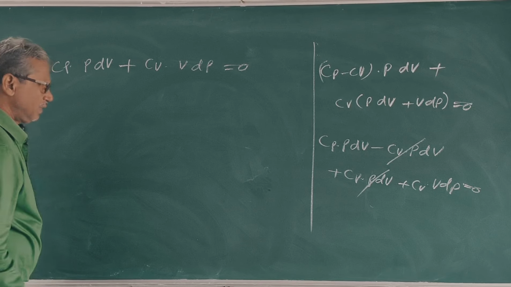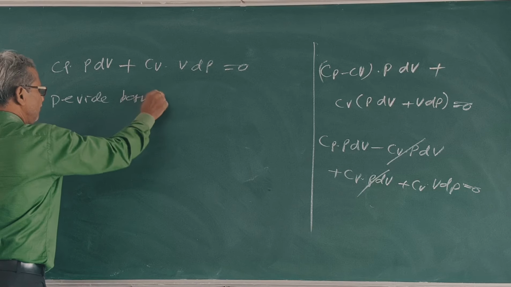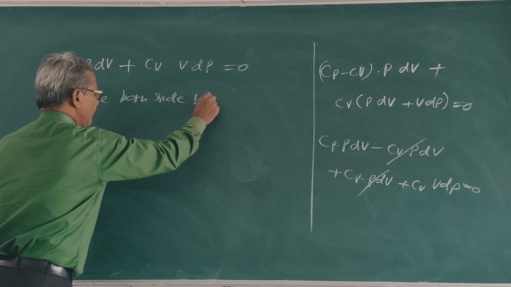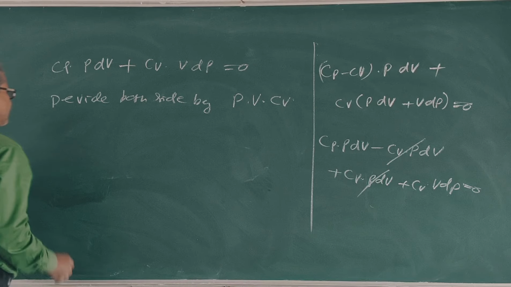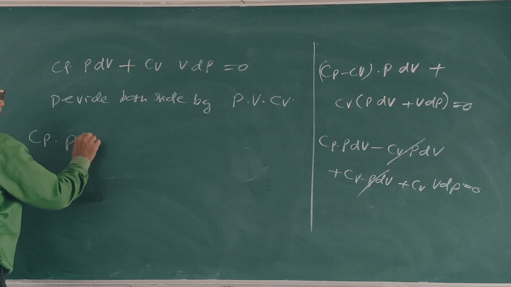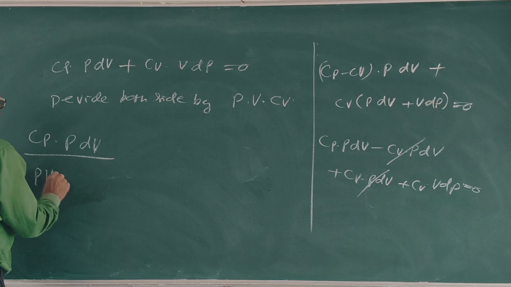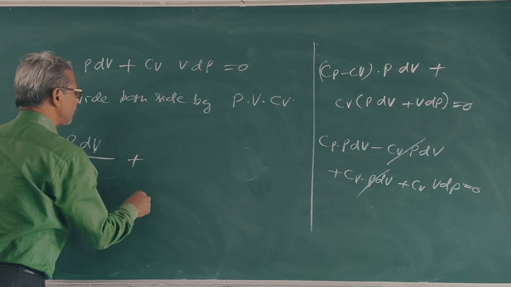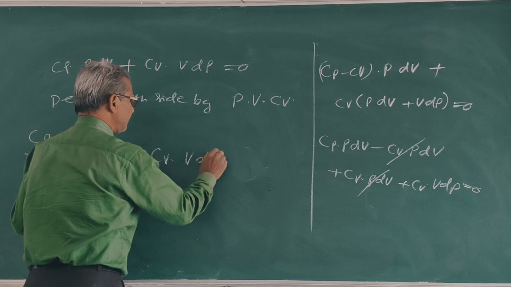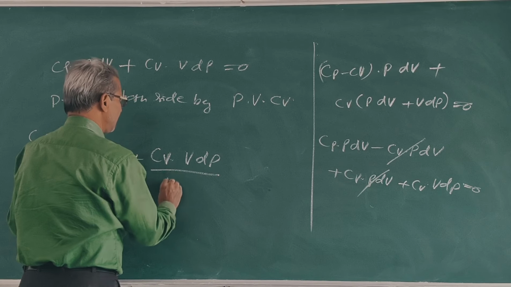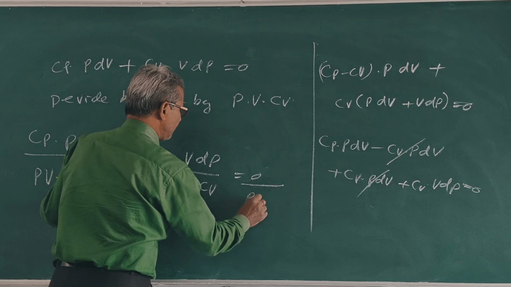Divide both sides by P V Cv. Clear? So Cp into P dV by P V Cv plus Cv into V dP by P V Cv is equal to 0, and 0 by P V Cv is 0.